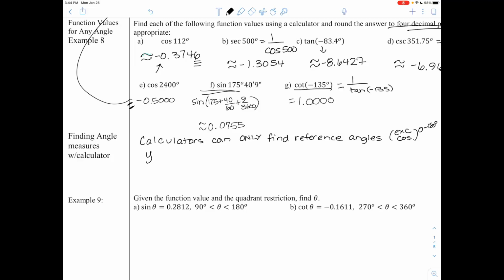So if you want to know theta, and it looks like this, oh, you know what, actually let me put it in quadrant 3 because the calculator never gives you an answer in quadrant 3 for an angle measure ever.